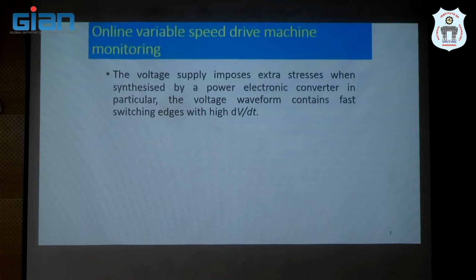Once these discharges are incepted at a particular voltage, even if minor, gradually with time the insulation gets deteriorated, and ultimately it causes breakdown of the insulation.